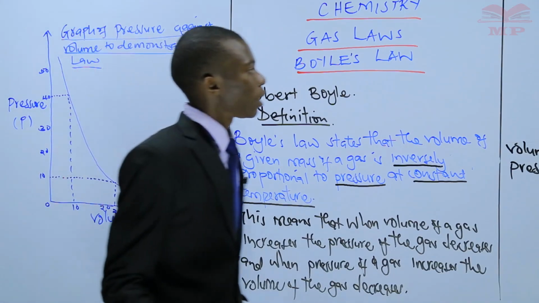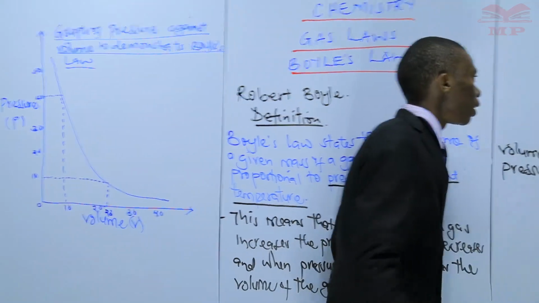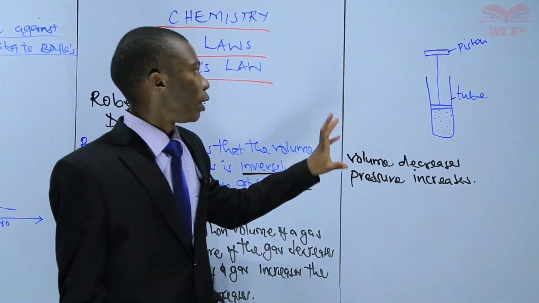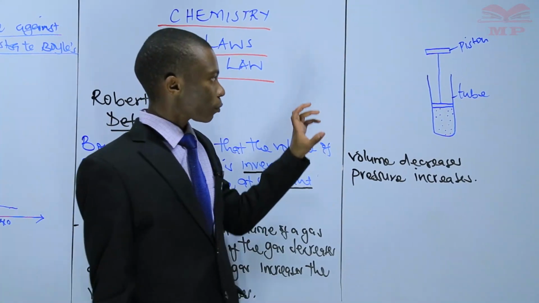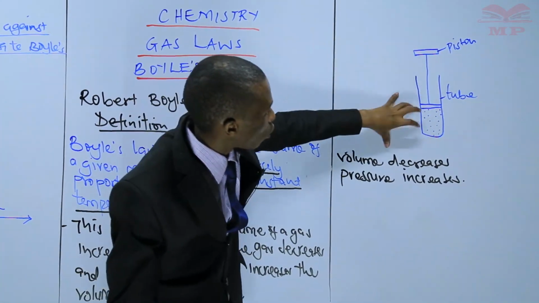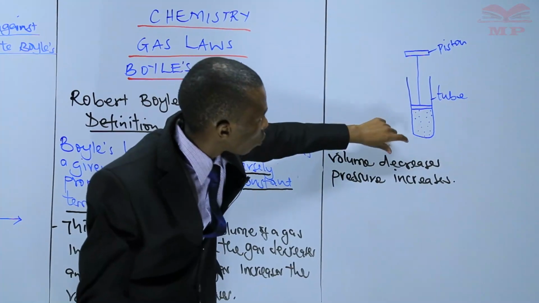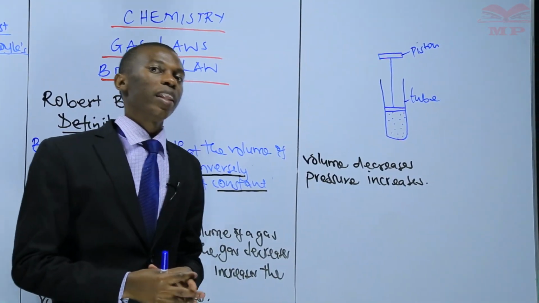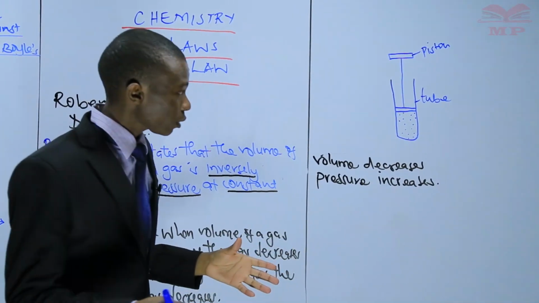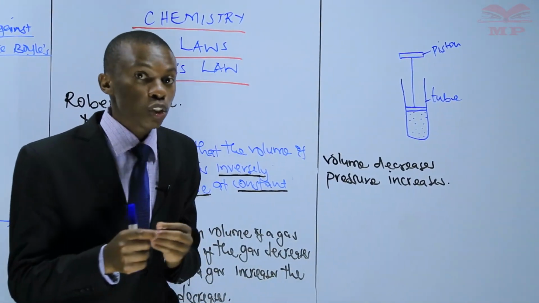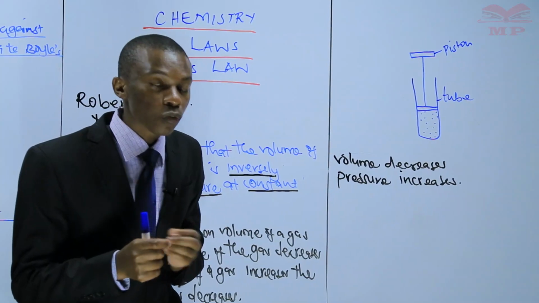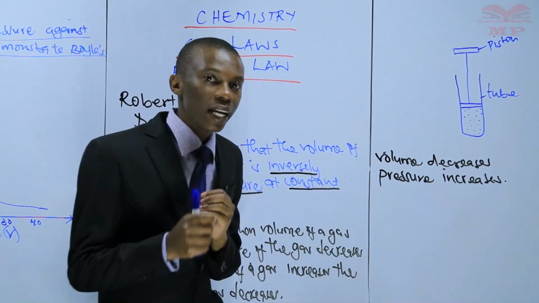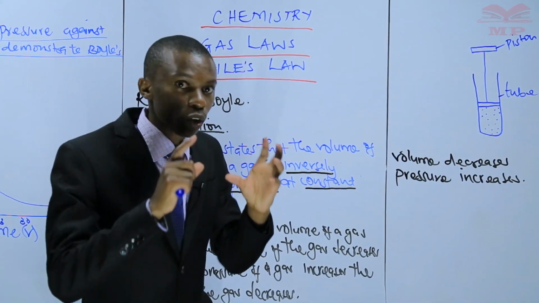Then I've used a simple example of demonstrating that using a container or a tube which has a piston. When you press the piston downwards, the volume inside decreases and the pressure increases because the particles of the air inside the tube collide more with one another and also with the walls of the tube.